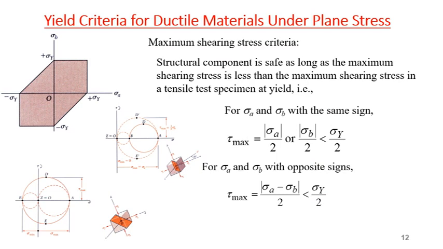So one criteria for ductile material is the maximum shear stress criteria, also known as Tresca criteria, because it was proposed by Tresca.